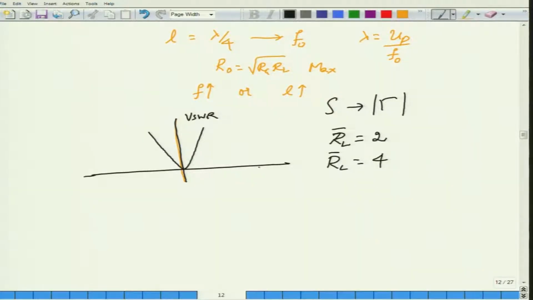This is along the frequency, omega or f, which I am plotting, and this happens to be the center frequency f0, for which the length will be equal to lambda by 4. If I am increasing frequency, or I could be increasing L, both qualitatively give you the same answer. In fact, quantitatively also they give you the same answer.